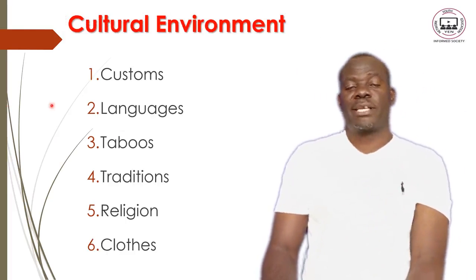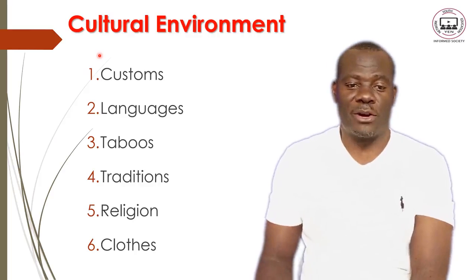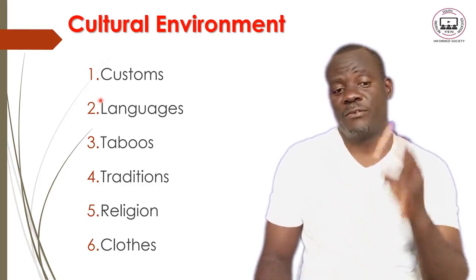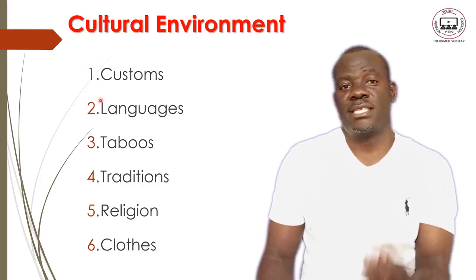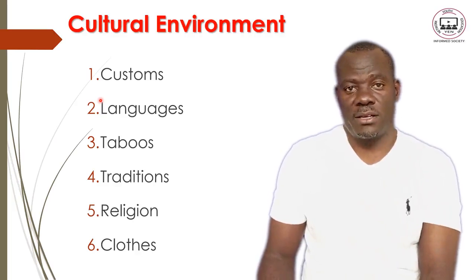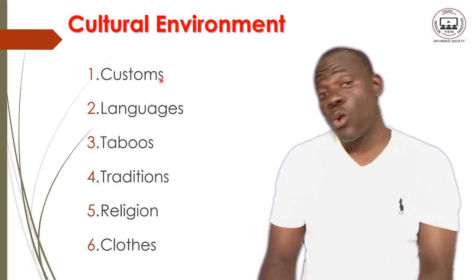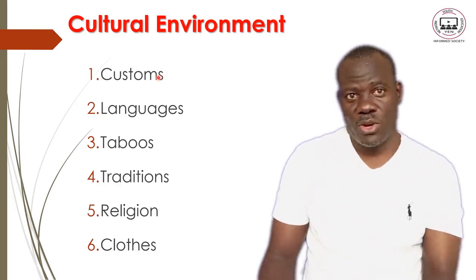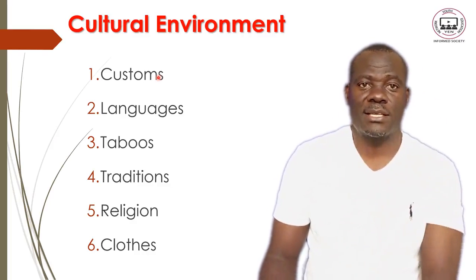Now, let us look at the cultural. What are the examples of the cultural environment? Remember the three components of environment: physical, social, and cultural. The examples of the cultural environment include the customs. What do you believe when you are at home? What do people believe happens in that surrounding?